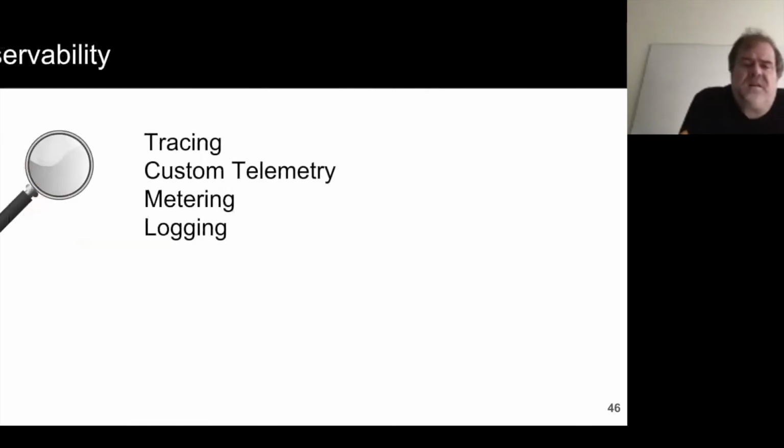Tracing. You can trace your API calls, see where they're going, what pods they're talking to, etc. You can literally follow a layer 7 or layer 5 flow through the network. You can get all sorts of custom telemetry.